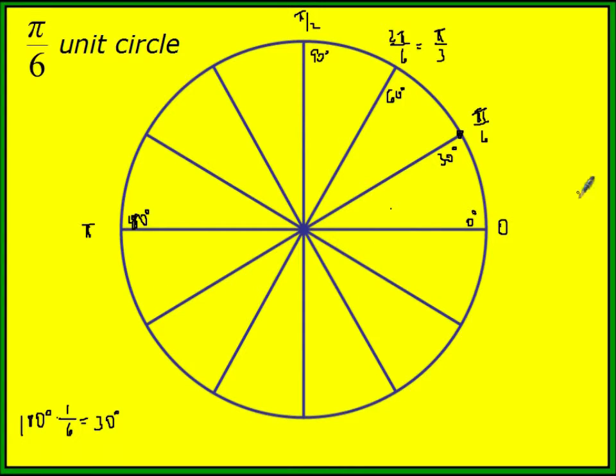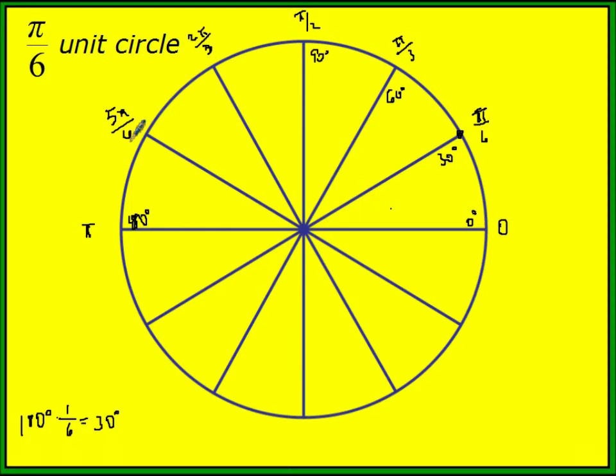So instead of 1/3 pi, we usually write pi over 3. 1/6, 2/6, 3 over 6 would be 1/2. 4 over 6 would be the next one, and 4 over 6 simplifies to 2 pi over 3. Then 5 pi over 6.